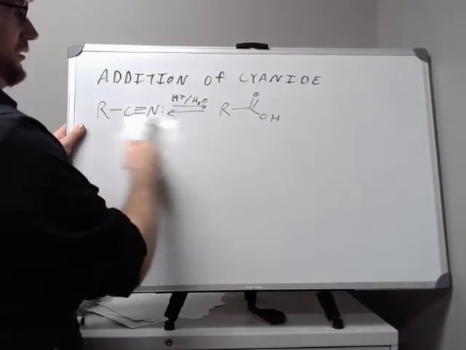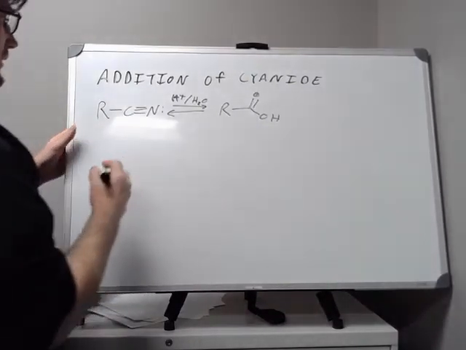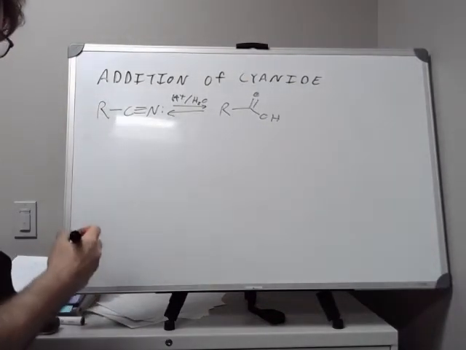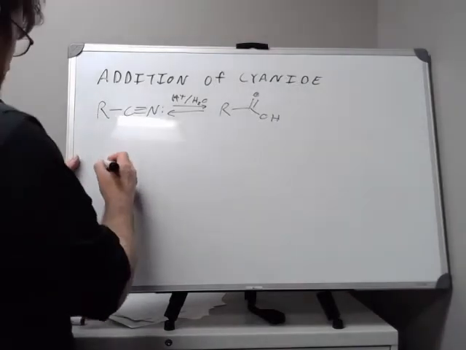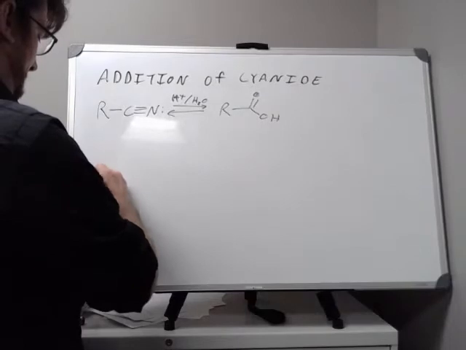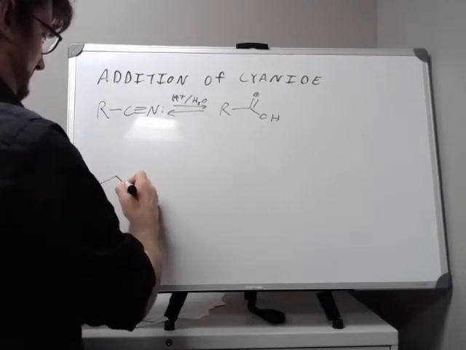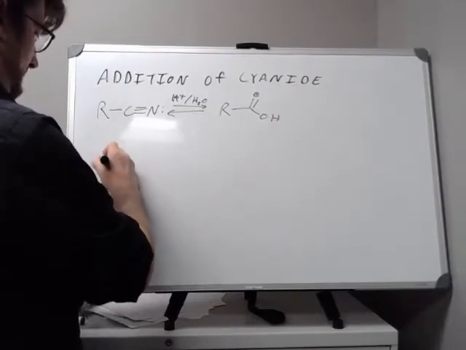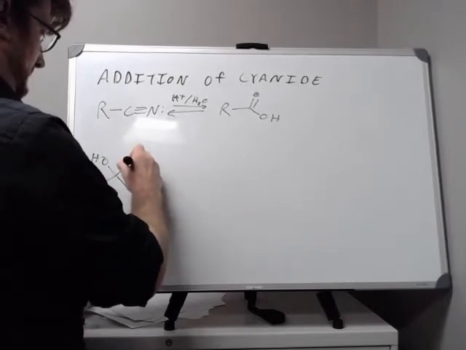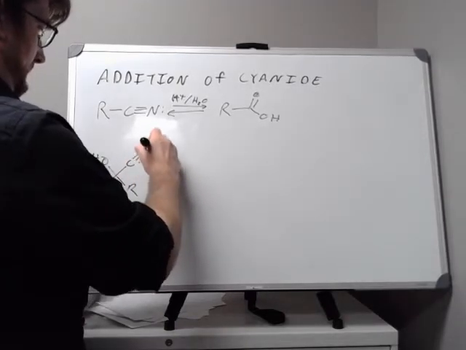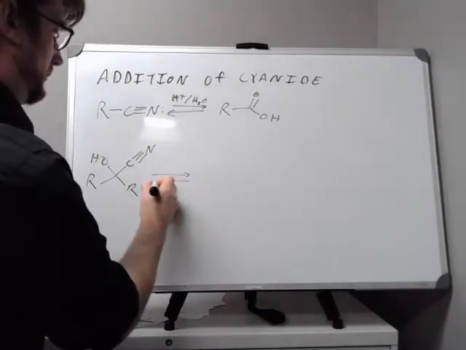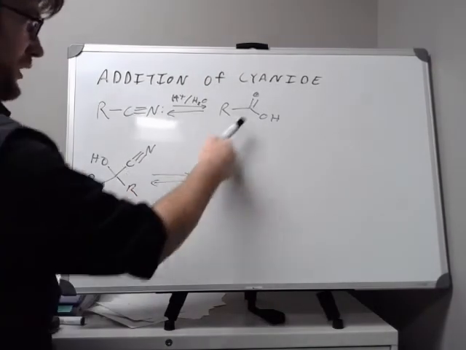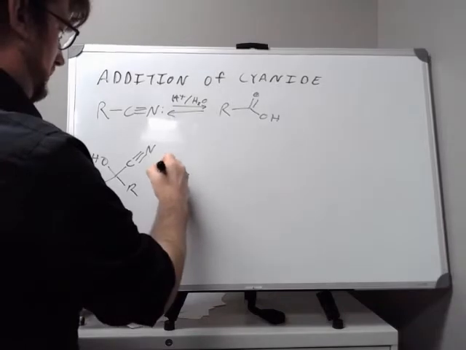This carbon here becomes this carbon here. And so if we did this same reaction with cyanohydrin, then we can convert this nitrile carbon to a carboxylic acid.